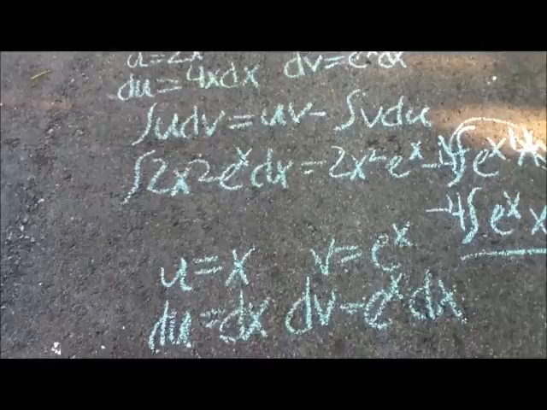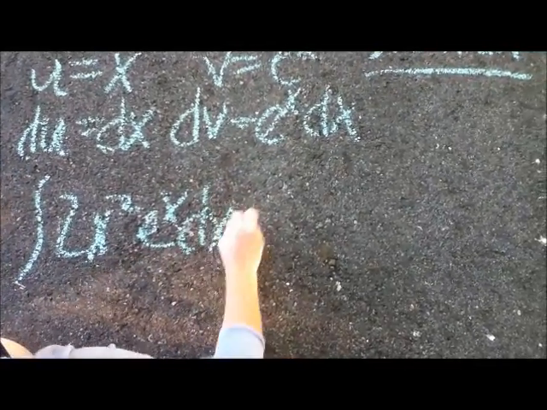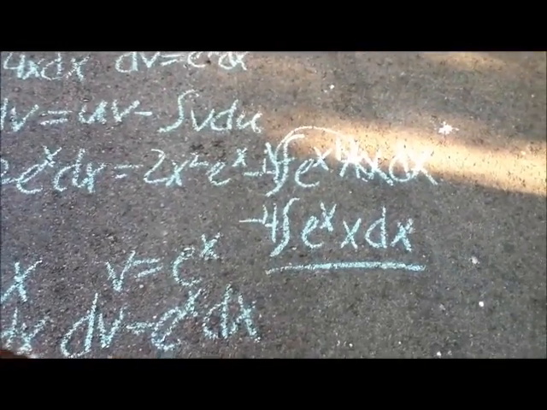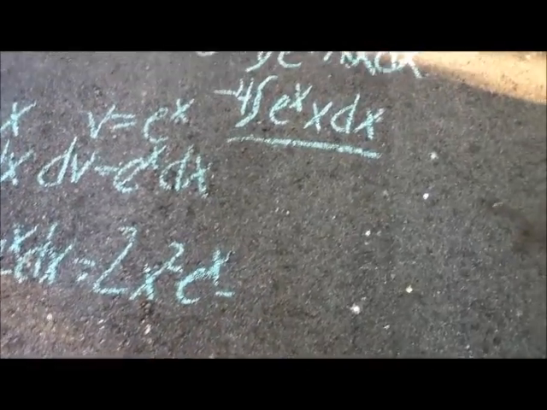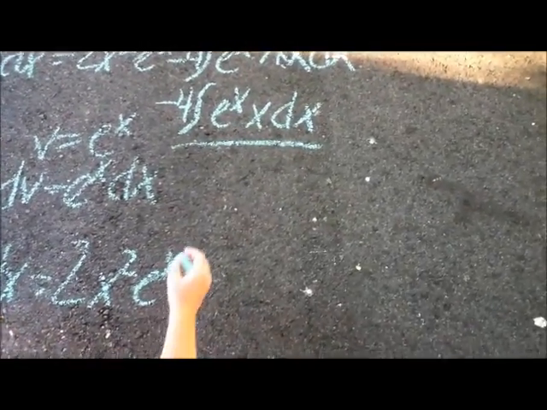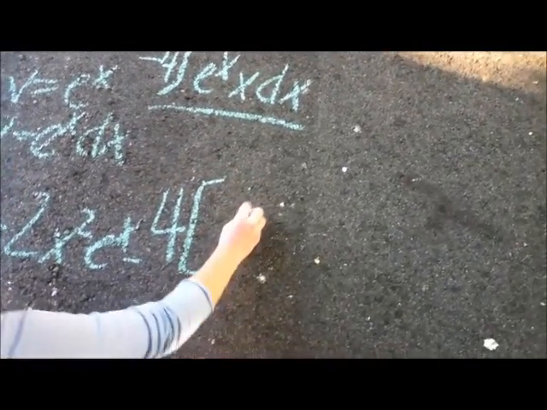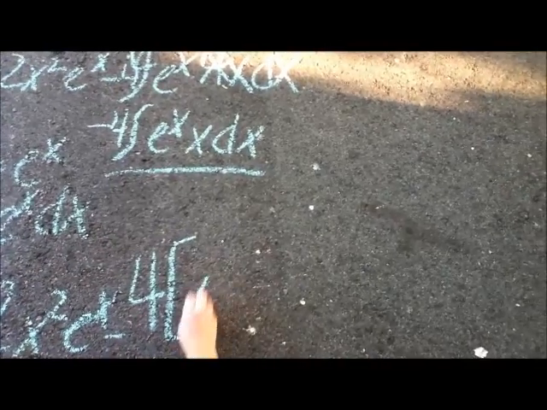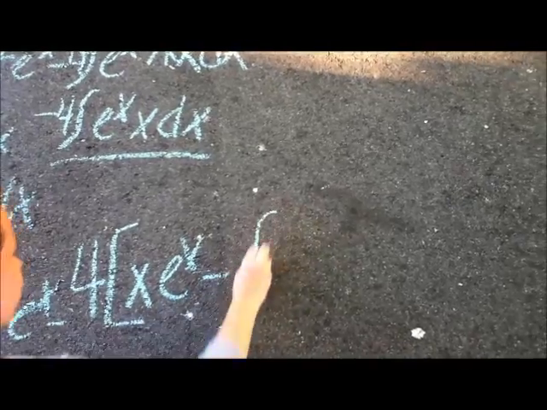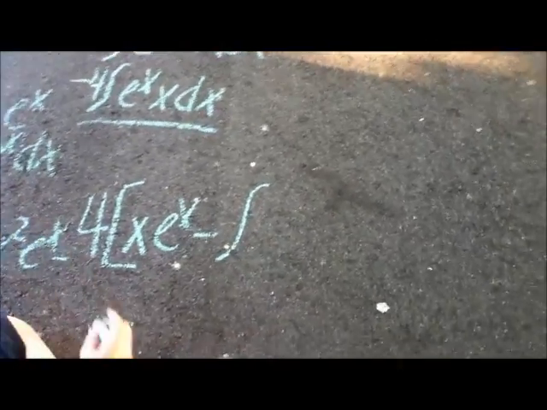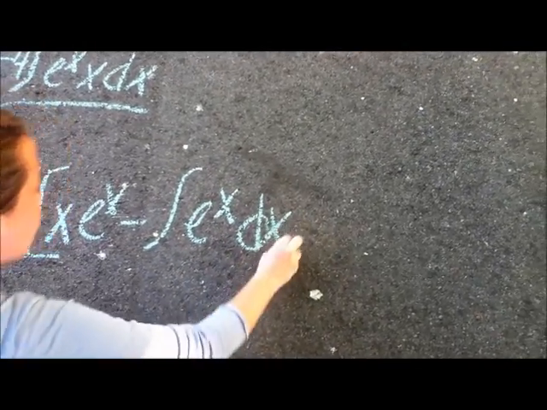So the integral of 2x squared e to the x dx equals what we found earlier: 2x squared e to the x minus 4 times the u, x, times v, e to the x, minus the new integral of v, e to the x, du.